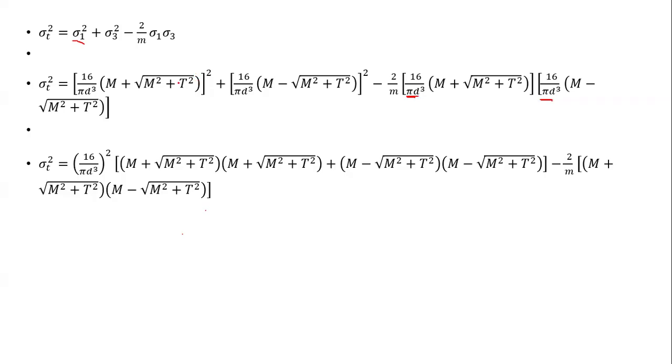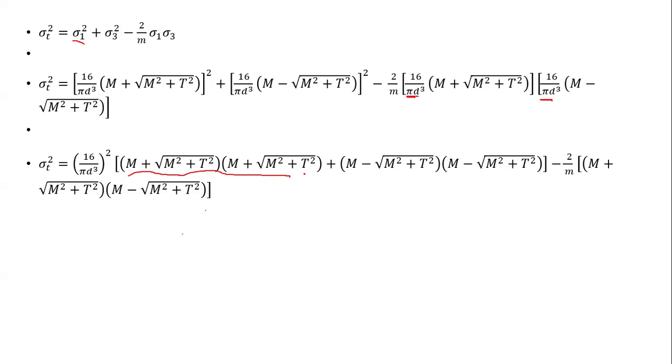Expanding this means I write this twice. So what am I doing? I'm going to write m plus under the root of m squared plus t squared, brackets. Again, open brackets, m plus under the root of m squared plus t squared. I close the brackets. This operation I've done here has gotten rid of this square.